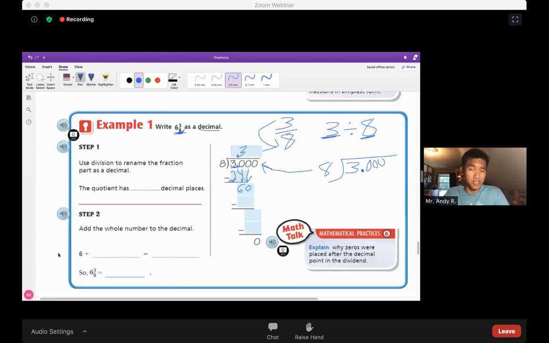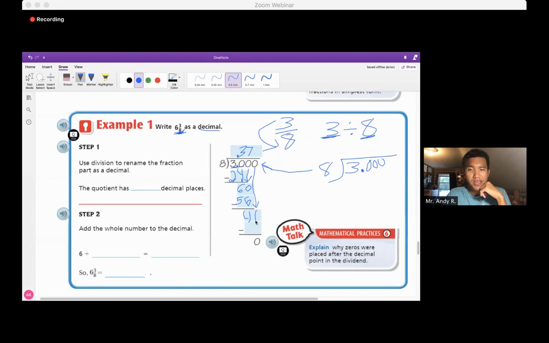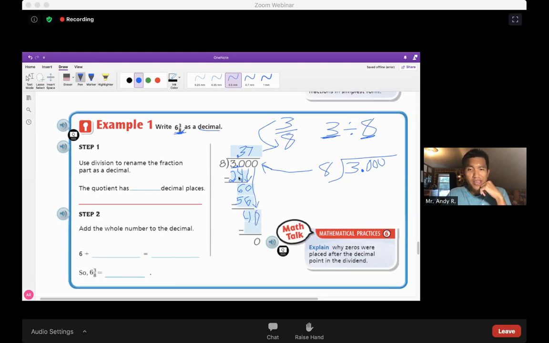Oh hey, that's close enough, close to 60, and if I go up more, I'm definitely going to go over 60. So 8 goes into 60 seven times. 7 times 8 is 56. 60 minus 56 is 4. Drop down the last 0, and 8 goes into 40 five times. 8 times 5 is 40. No remainder.